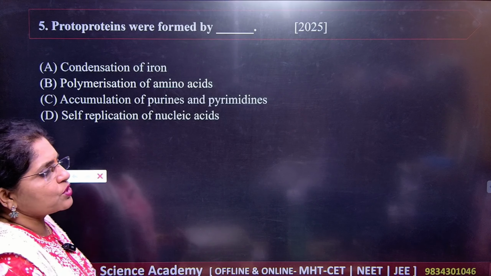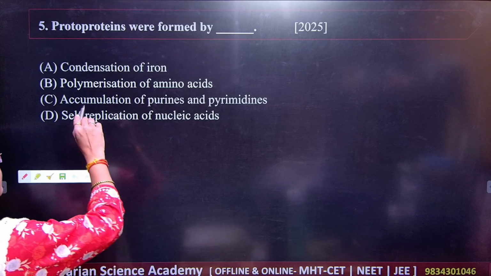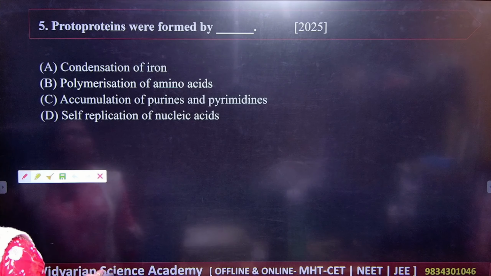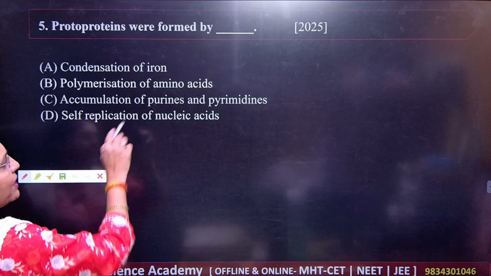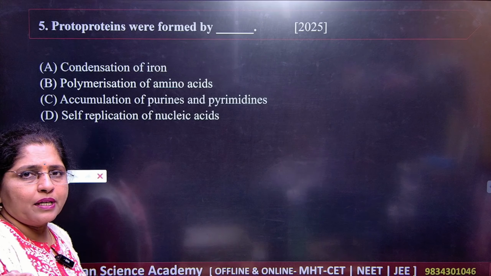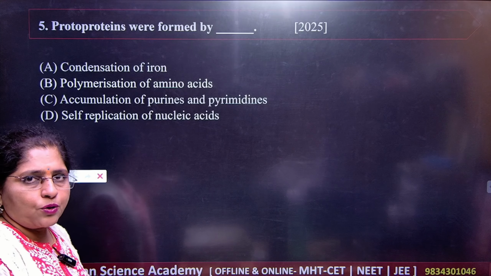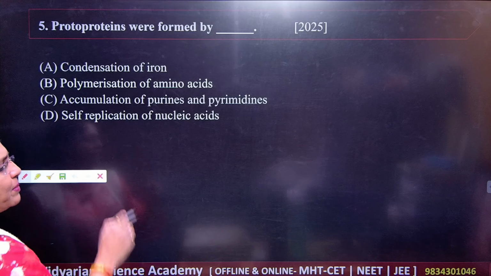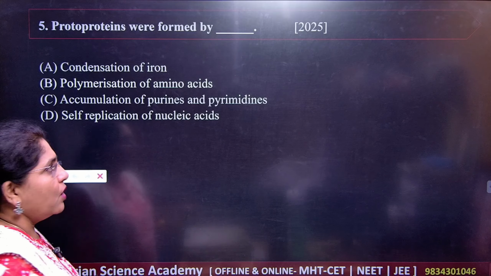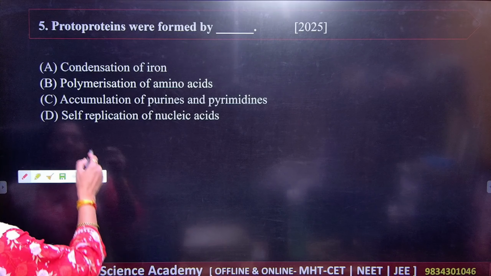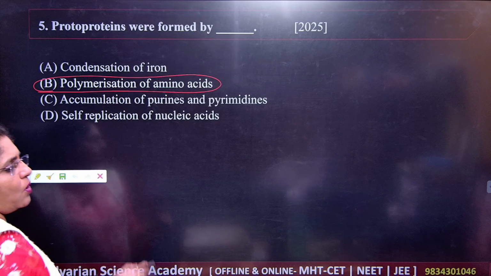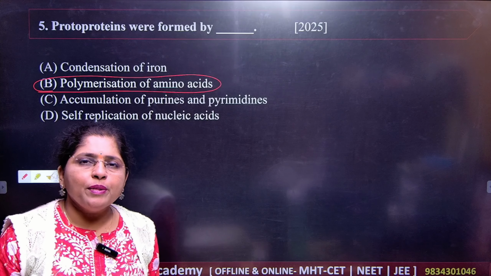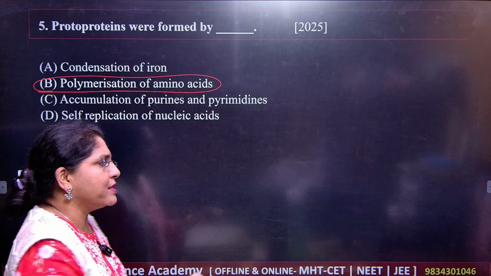Protoproteins were formed by: number one, condensation of iron; polymerization of amino acids; accumulation of the purines and pyrimidines, which are the nitrogen bases; and self replication of the nucleic acid. What should be your correct answer? Your correct answer here is polymerization of amino acids. What is the meaning of polymerization of amino acids?